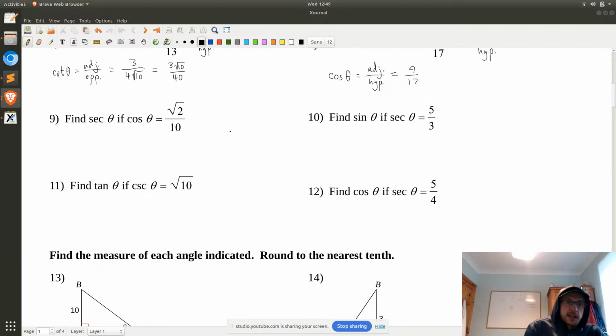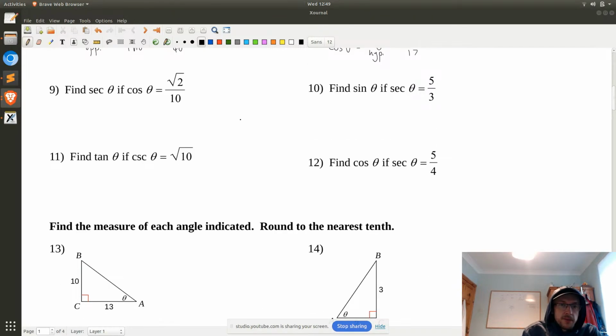Okay, find secant of theta if cosine of theta is root 2 over 10. Okay, by definition, cosine of theta is adjacent over hypotenuse. So write adjacent over hypotenuse.